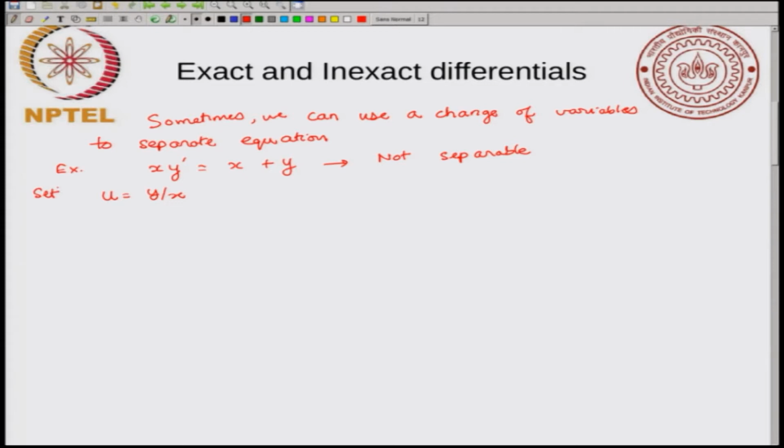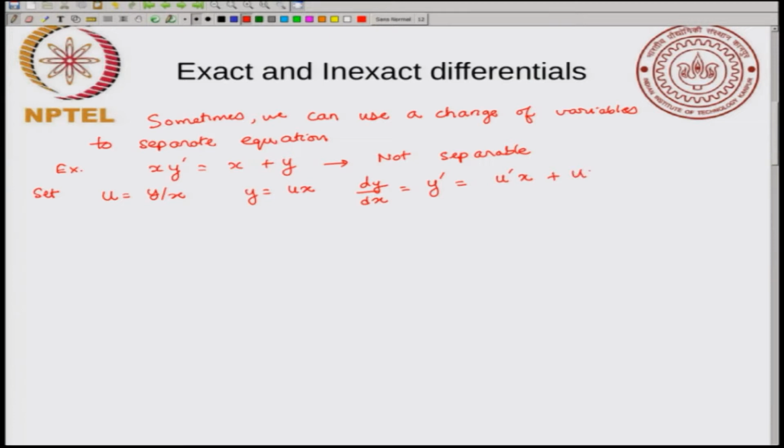So, you are changing the variables, your dependent variable from y to u. Then you can immediately write y equal to ux, and you can write dy by dx, which is also denoted by y prime, as u prime x plus u.